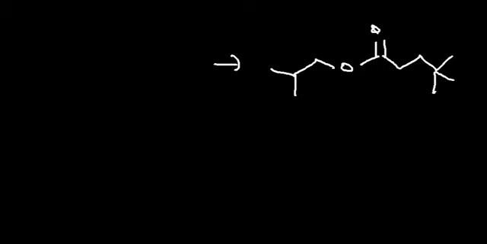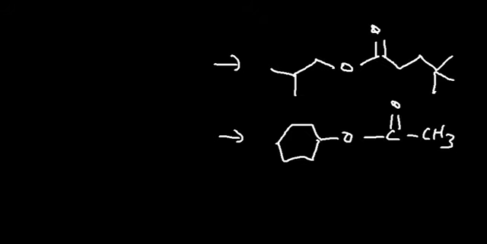Feel free to pause the video and try that example. While you're working on that, I'm going to write up a few more problems. So go ahead and find the alcohol and the carboxylic acid that combine to form that particular ester. And try this one too.